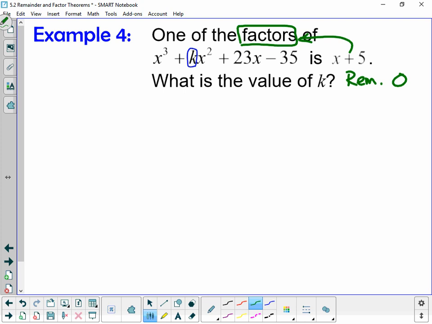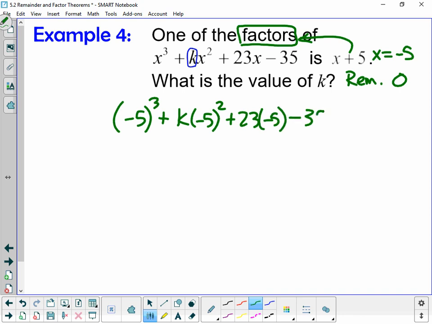Okay, so in our equation, we're going to substitute -5 into our equation. And when we do that, the answer we should get should be equal to the remainder, which is 0, because x plus 5 is a factor.